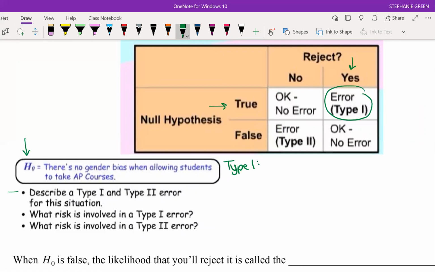So we reject it, but it is true. We reject when H naught is true. So what does that look like in context? That would mean there is no gender bias when allowing students to take an AP course, but we would decide that there is.